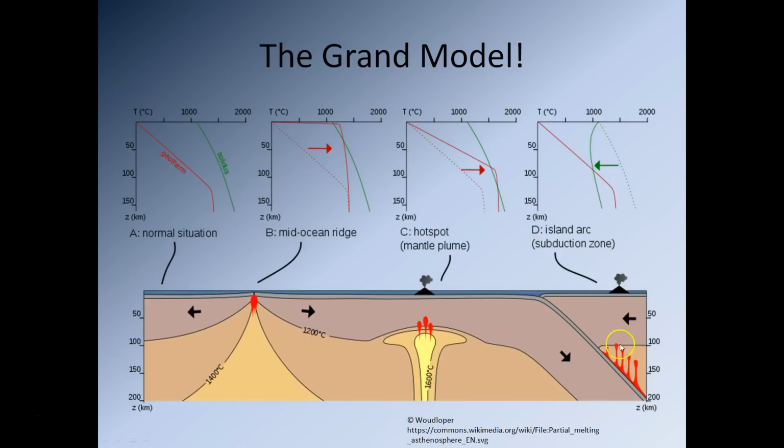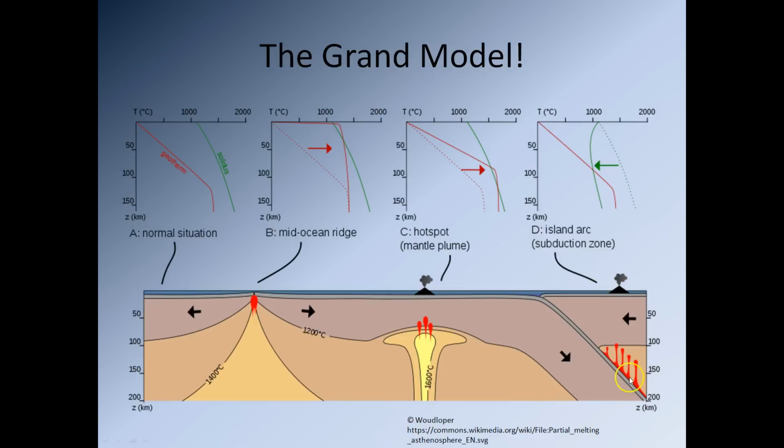It gets stuck at the base of the continental crust, and it starts melting the continental crust, which is made mostly of granite. So what we're actually getting is a melt that is felsic in composition because it's being formed from melting granite. That magma formed from melting granite then rises to the surface where it feeds volcanoes.